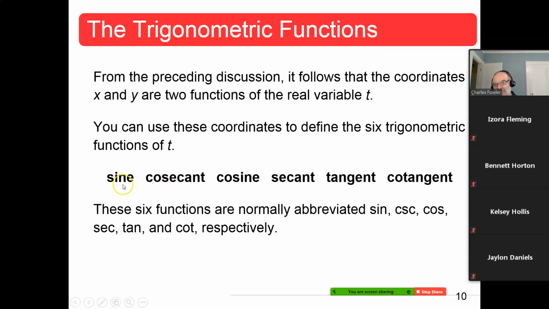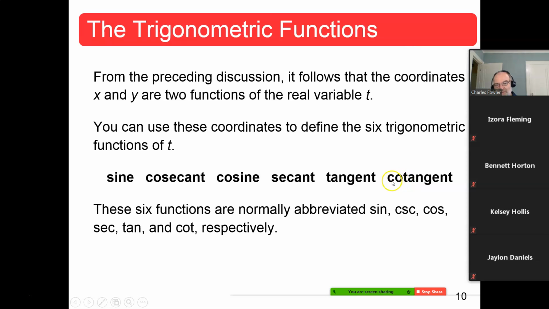The abbreviation for sine is SIN. It's pronounced sine, not sin. Abbreviation for cosine is COS. Not pronounced cos, but cosine. Okay? Tangent is the first 3 letters, tan. We don't say it, well, sometimes we do, but it's tangent.